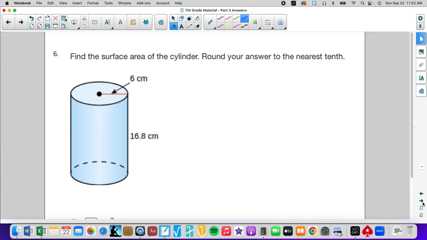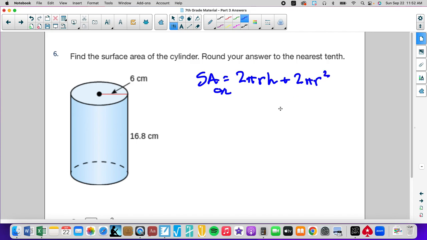Find the surface area of the cylinder. Round your answer to the nearest tenth. We again are going to have to use pi here, so the surface area of all cylinders has this template: 2 pi r h plus 2 pi r squared.